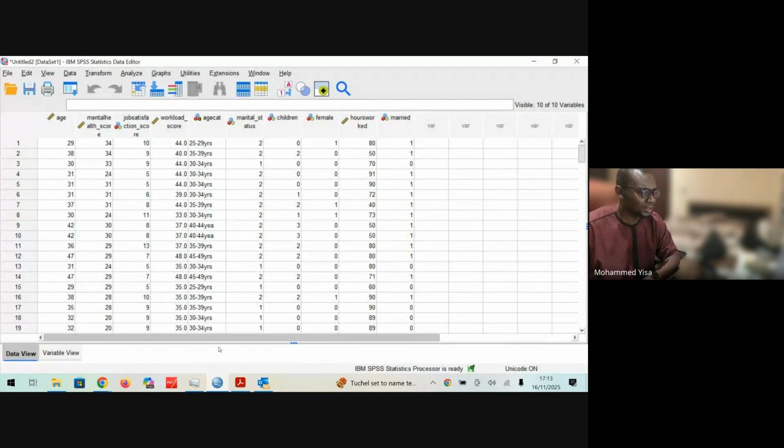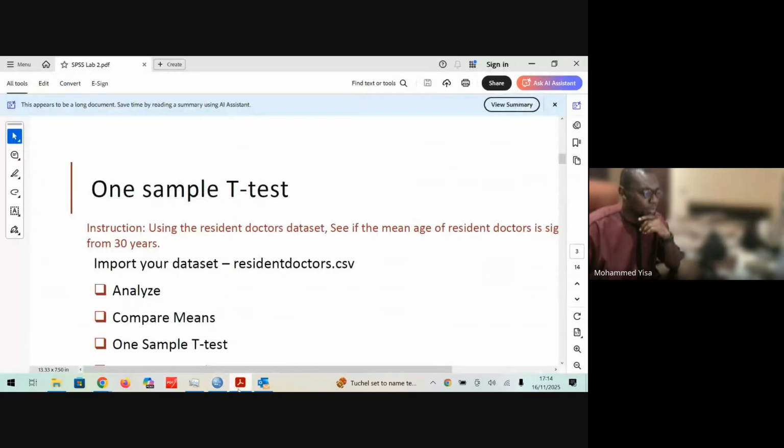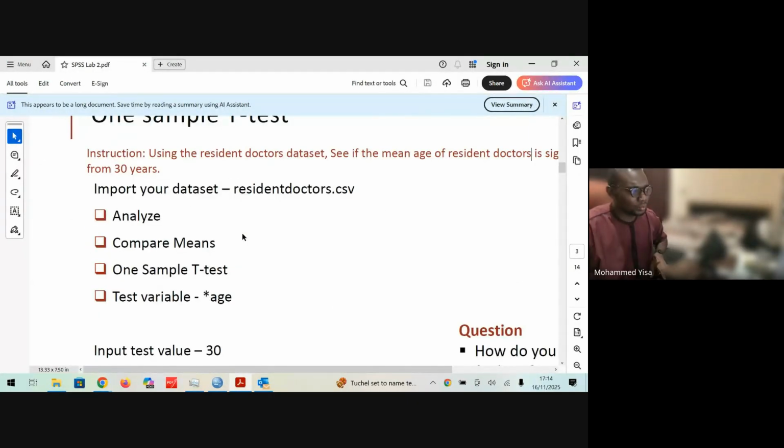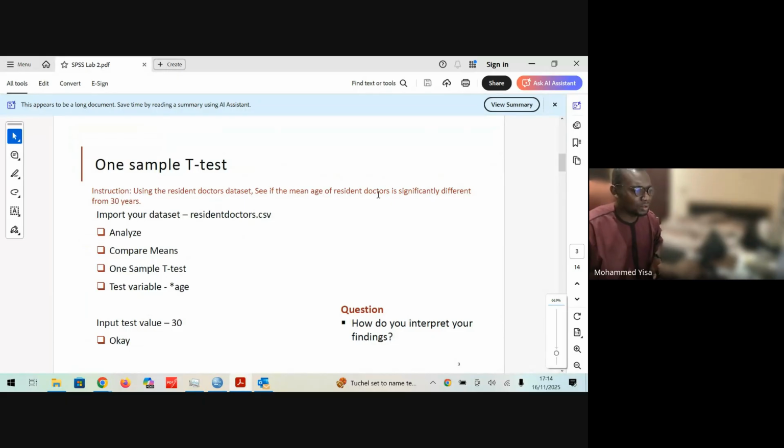So let me go back to the data set. I take it that you did not see what I was doing when I did the analysis. So just going back here, what we're trying to do is to compare the mean age in this resident doctors data set to a hypothetical test value of 30 years.